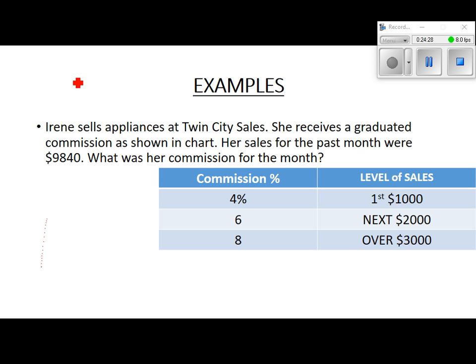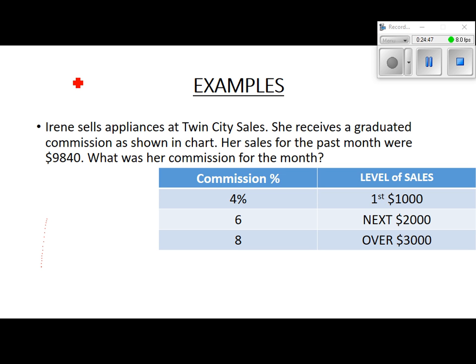This one says, Irene sells appliances at Twin City Sales. She receives a graduated commission as shown in the chart. Her sales for the past month were $9,840. What was her commission for the month?